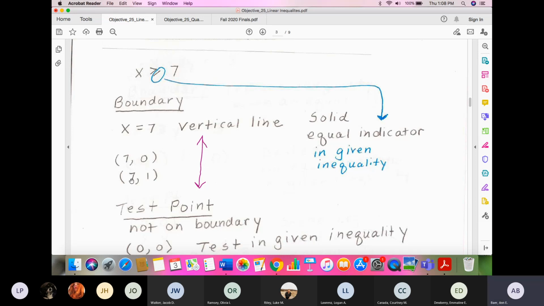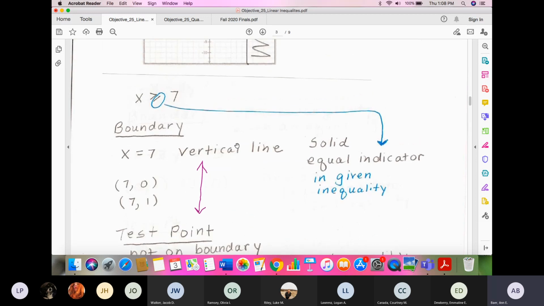So we're going to put 7 in for x, since our x coordinate has to be 7, in the first spot of 2 ordered pairs. What we choose for y doesn't matter. Let's choose nice numbers, 0 and 1. Let's graph 7, 0 and 7, 1.